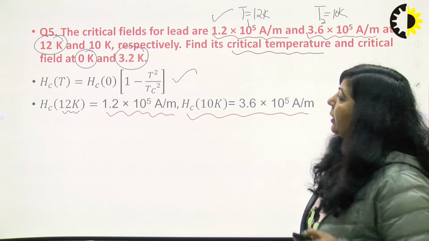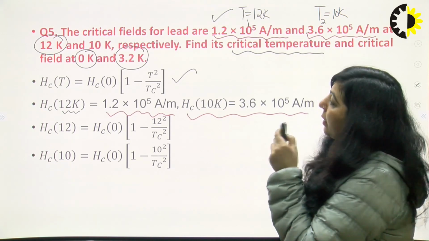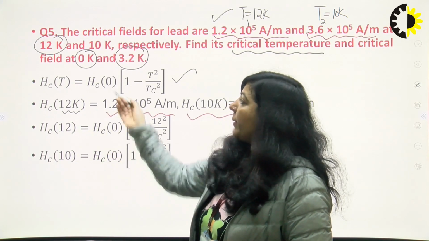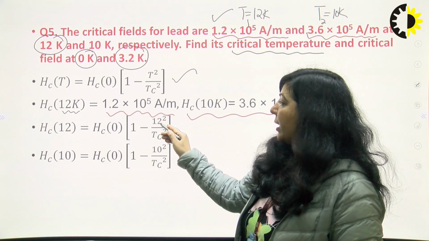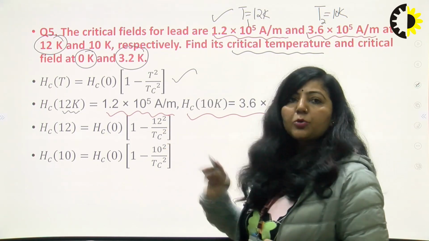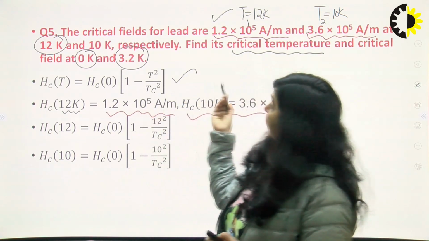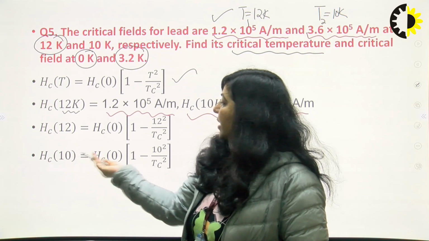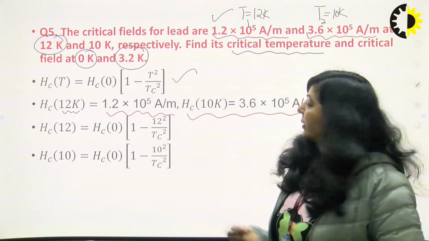So we have to use these two pieces of information. Hc12, according to this formula, will be Hc naught into 1 minus 12 square upon Tc square. For the second case, we are taking the temperature as 10 Kelvin. So Hc10 will be Hc naught into 1 minus 10 square upon Tc square.